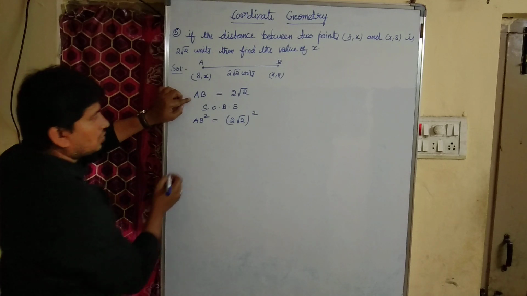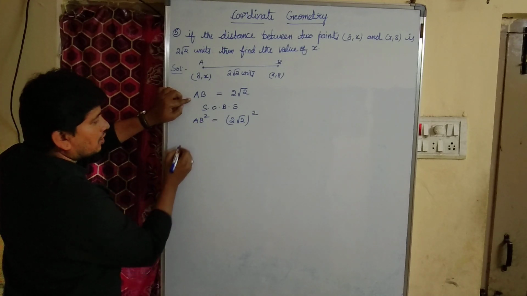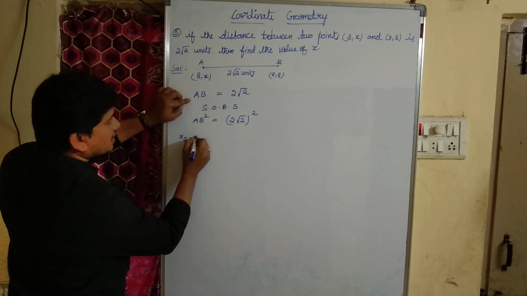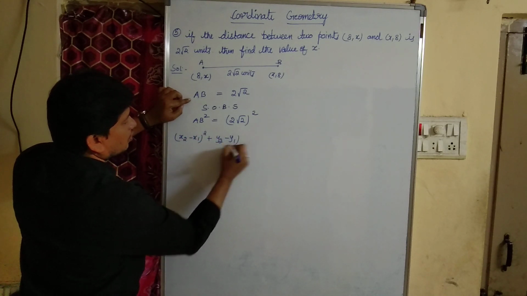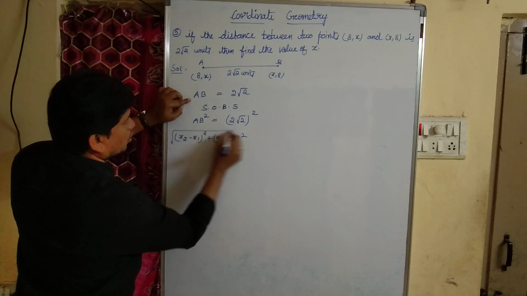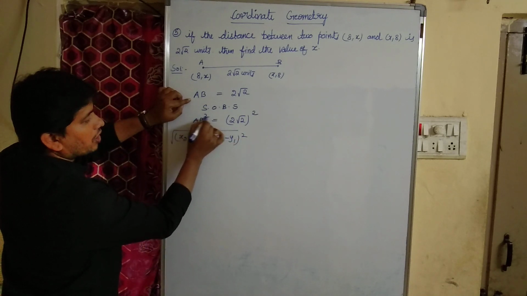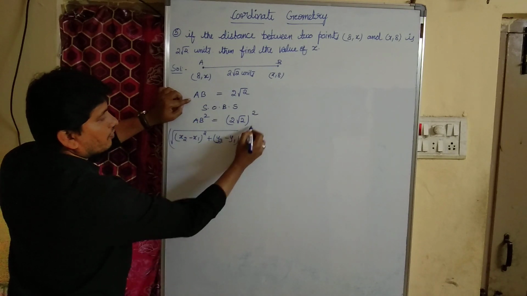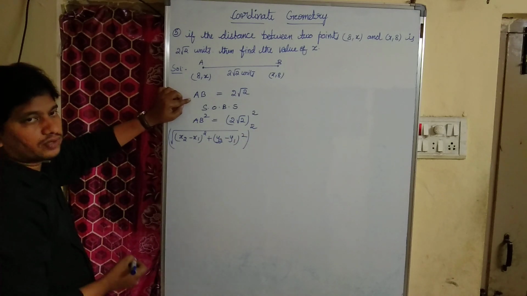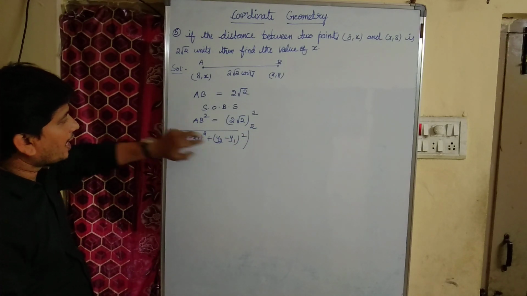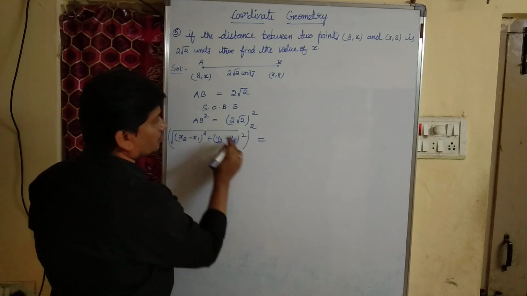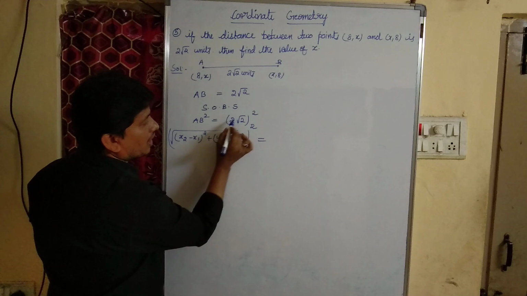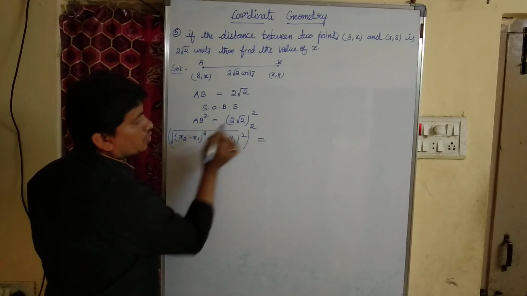The distance between A and B formula is root over (x2 minus x1) whole square plus (y2 minus y1) whole square. But already we have a root over it. This is square root and this is only square, right? This square belongs to 2 as well as root 2.